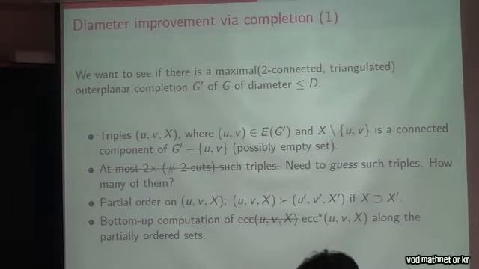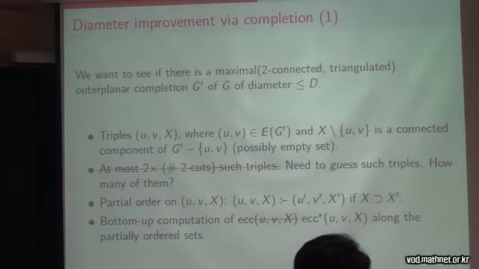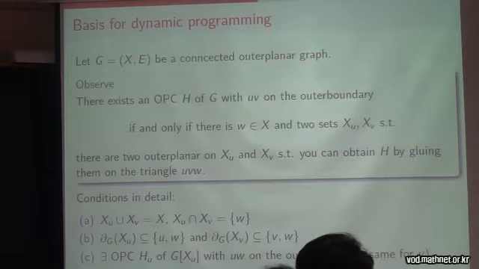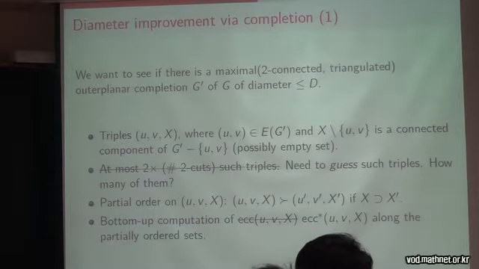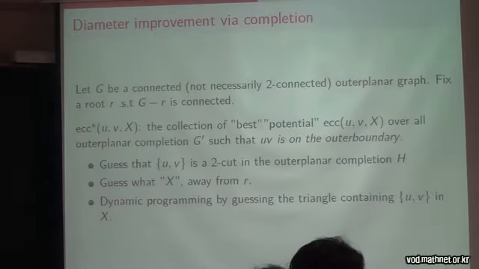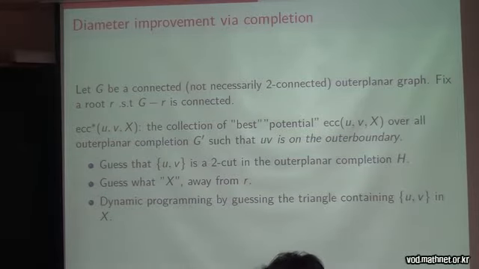So instead of ECC, we compute what is called ECC star, which is like the best potential ECC. The ECC star is a collection of best potential ECC of U, V, X over all possible outer completions of this subgraph.